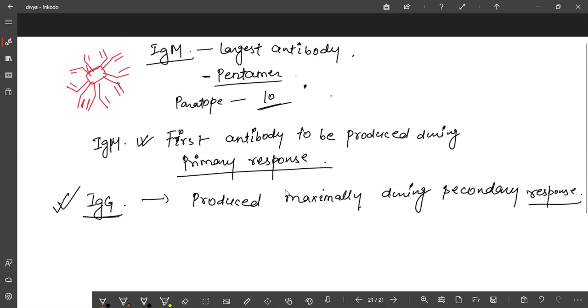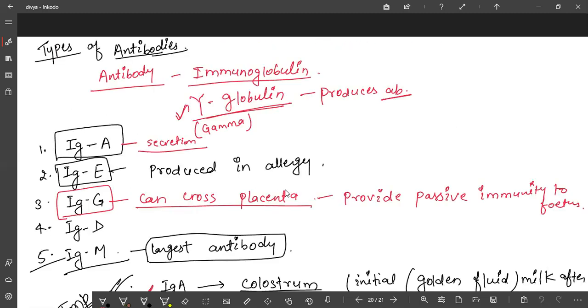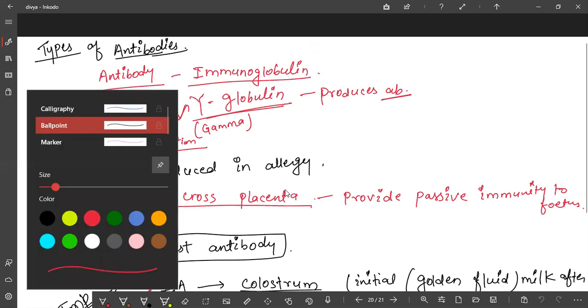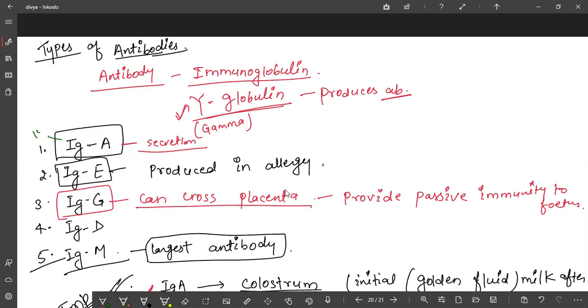And if we look at the percentage or count, IgA is 15% of total antibody. What is the percentage of IgA? 15%. IgE and IgD are less than 1%. We are discussing the concentration.